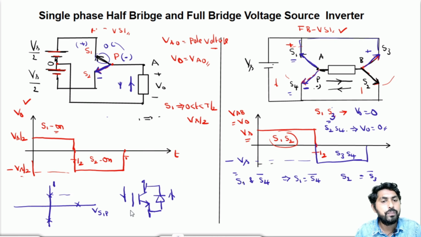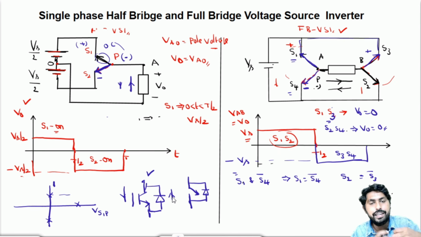So we can replace the switch with this, and similarly S2P can also be replaced with a bidirectional switch. We can use a thyristor with an anti-parallel diode, or an IGBT or MOSFET with an anti-parallel diode. The anti-parallel diode is needed because it is operating with AC loads.